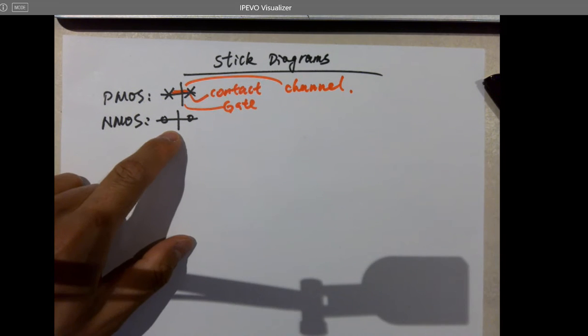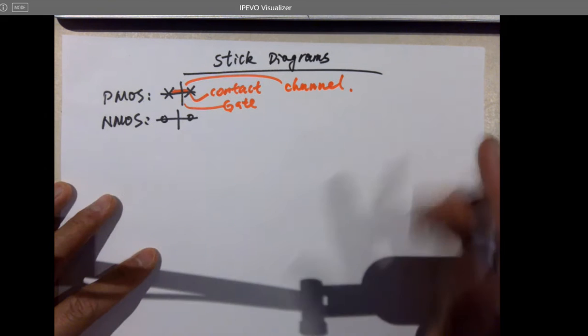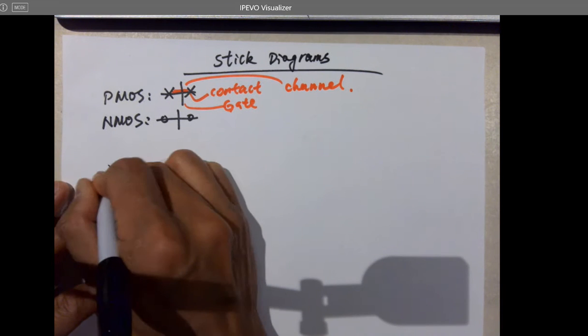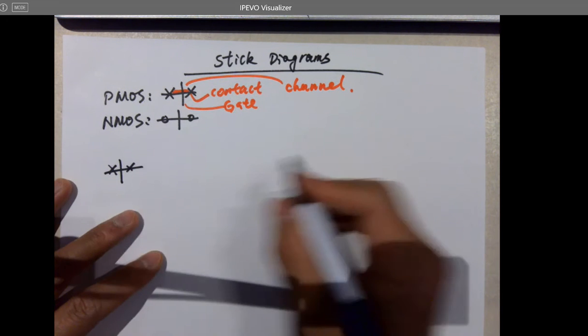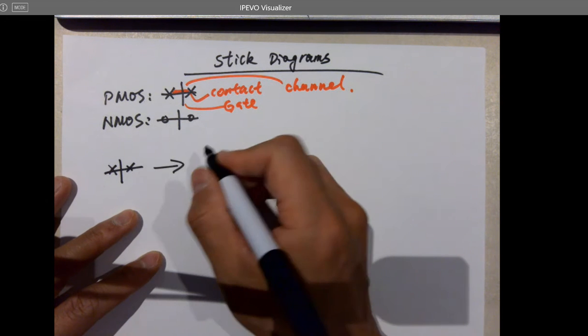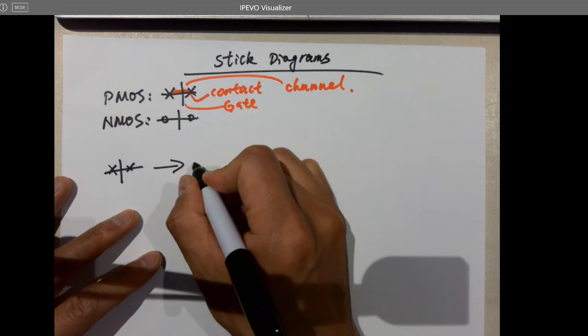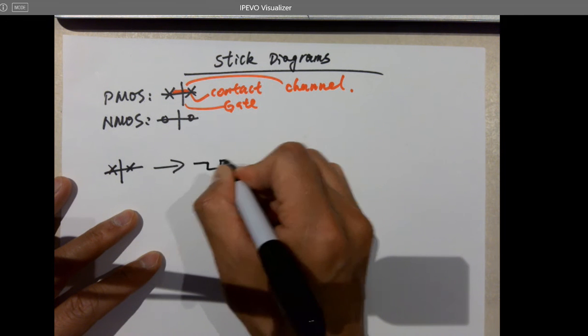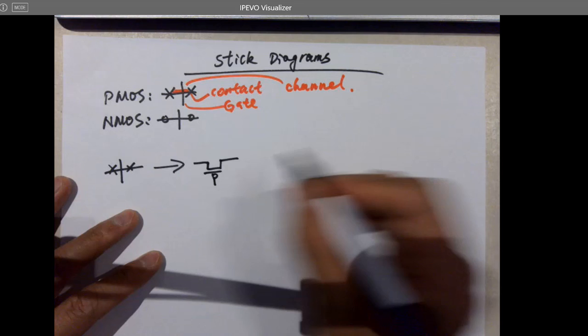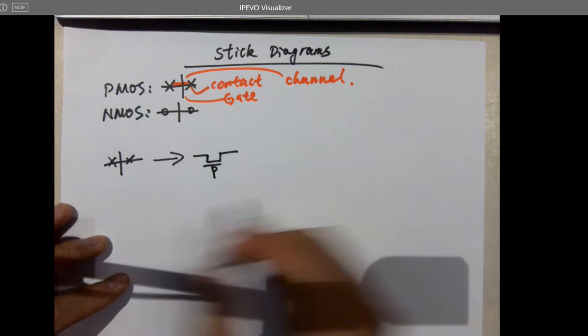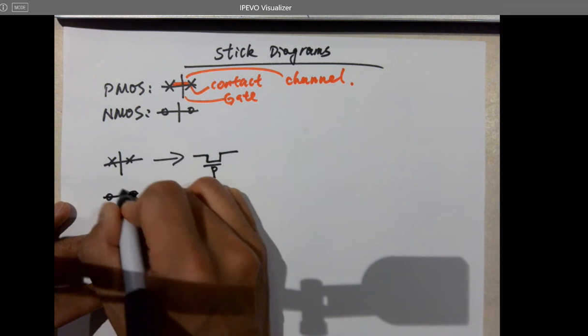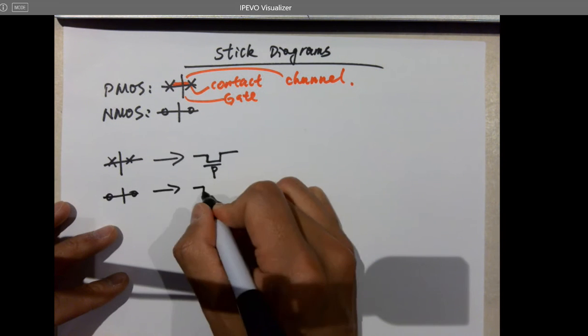Same for this one. So if I draw this, and this, it's the same as or equivalent to a PMOS. If I do this, it's the same as NMOS.